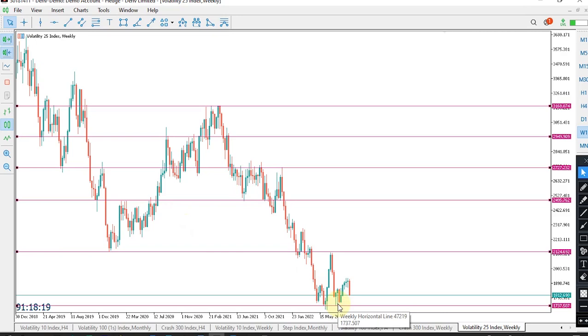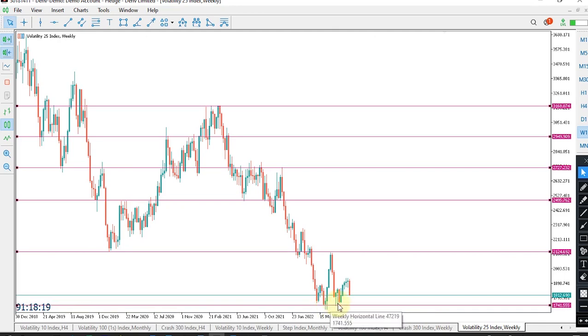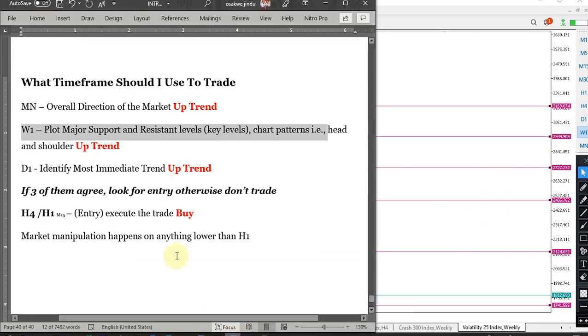So you can see here we have two. This is actually adjustable. You can have one here, but let's just leave this one here. So we are done with W1. So we go down to D1 and find the most immediate trend.